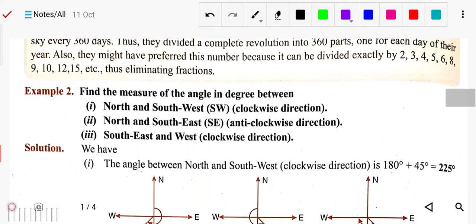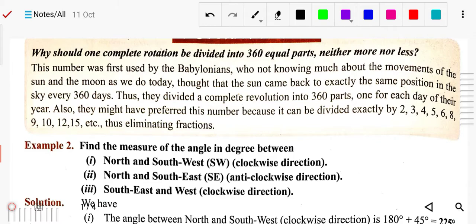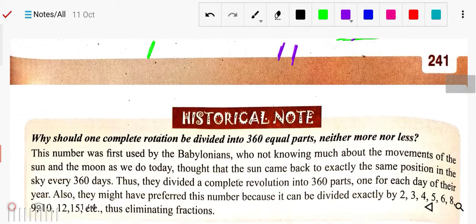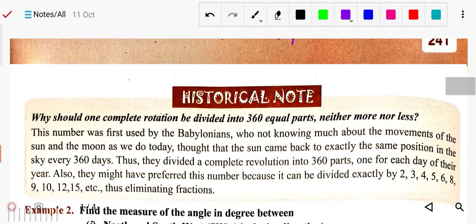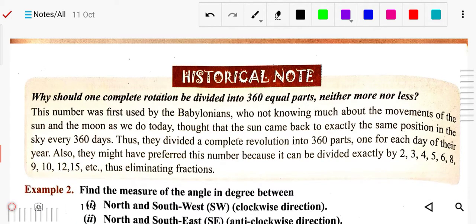Now some history about why it is divided into 360 parts, like a 360 degree angle. This number was first used by the Babylonians, who did not know much about the movement of the sun and moon, as we do today.